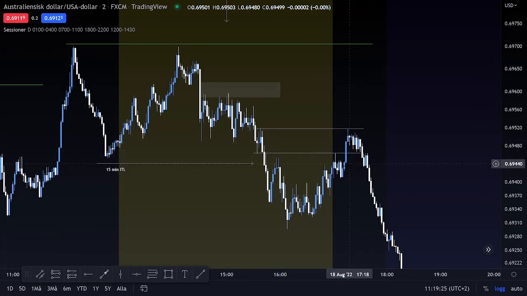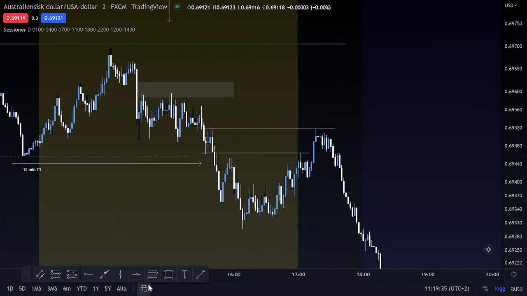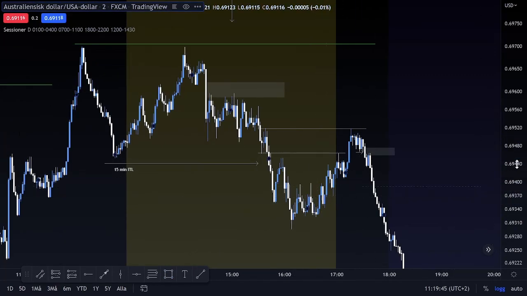What does price do? Reaching up, rebalance. So this is a rebalancing in the 15-minute time frame. Short-term shift again, and what? Fair value gap here.